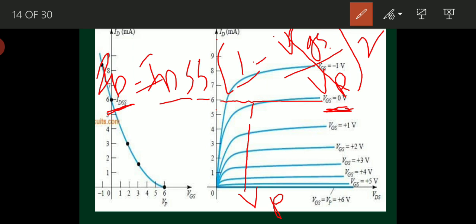And now if VGS equals VP, what will happen? The VP by VP term goes to 1, 1 minus 1 is 0, 0 into IDSS is 0, so ID equals 0.